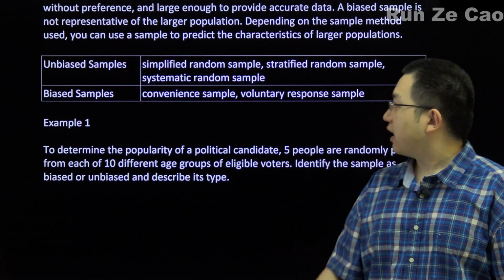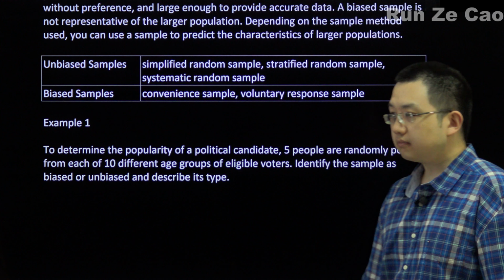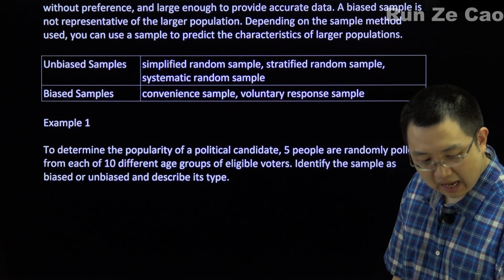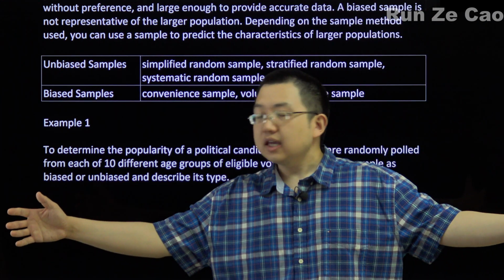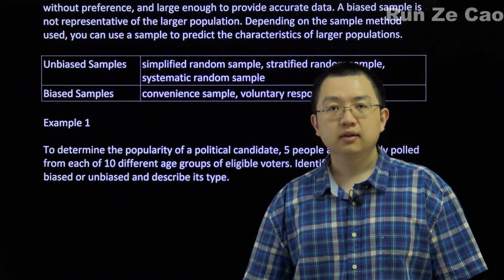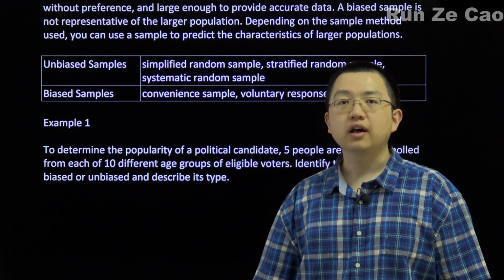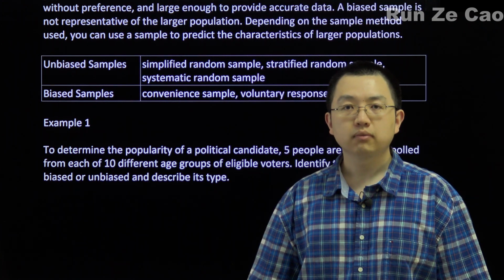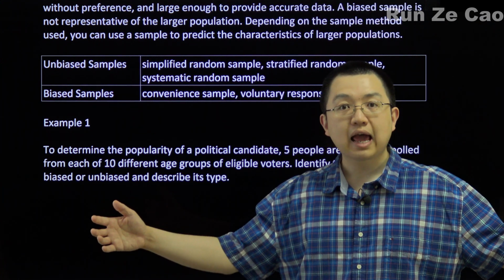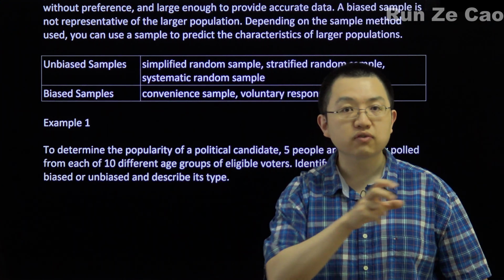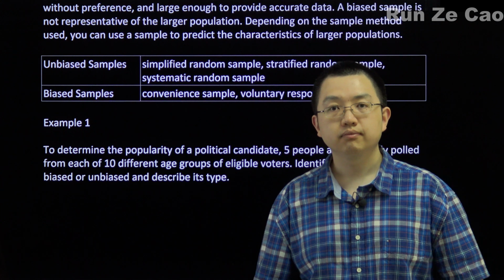A stratified random sample is, suppose you have 3 classes, each with 30 students. So you want to survey a total of 30 students. Okay then, because there are 3 classes, you pick 10 students from each class.